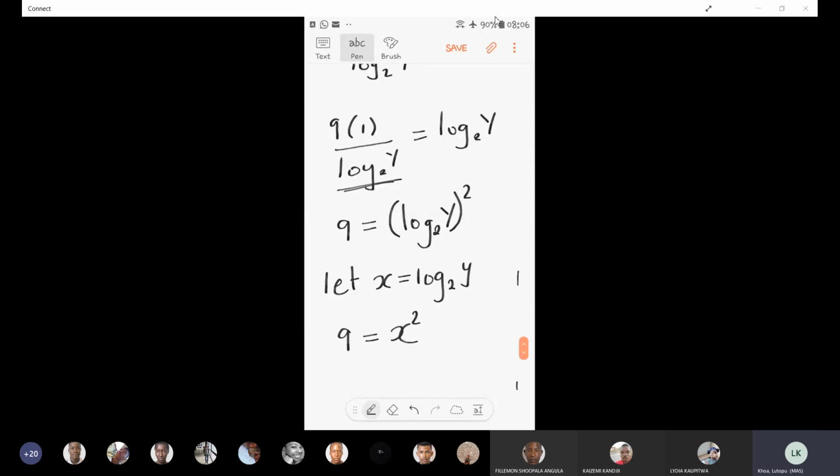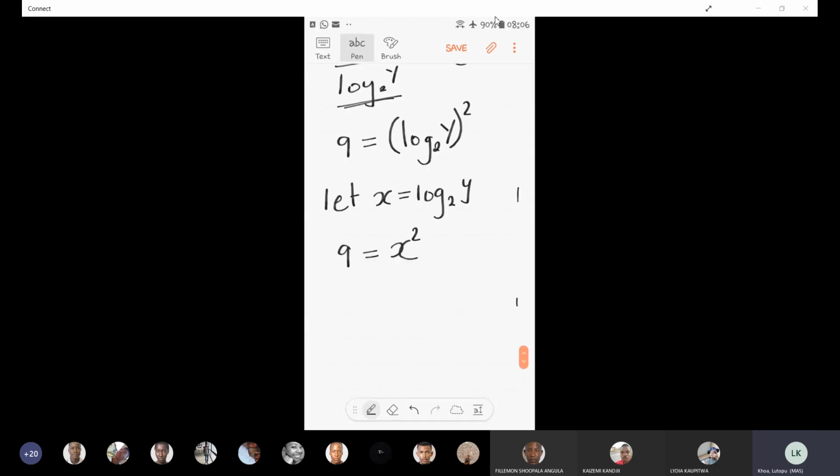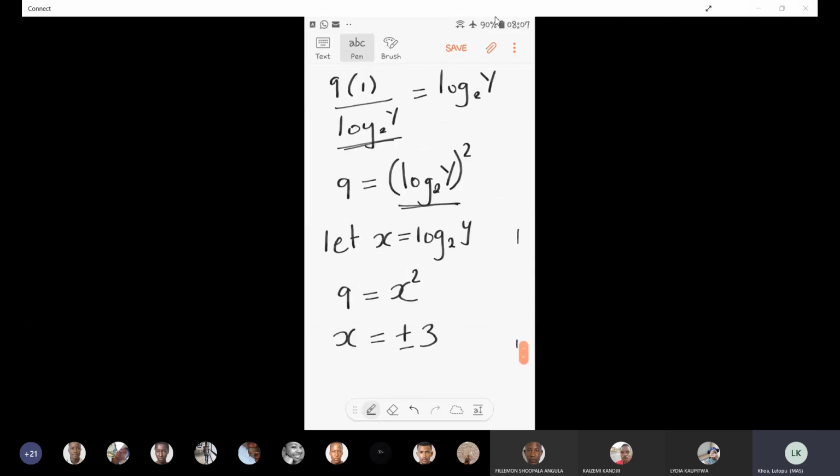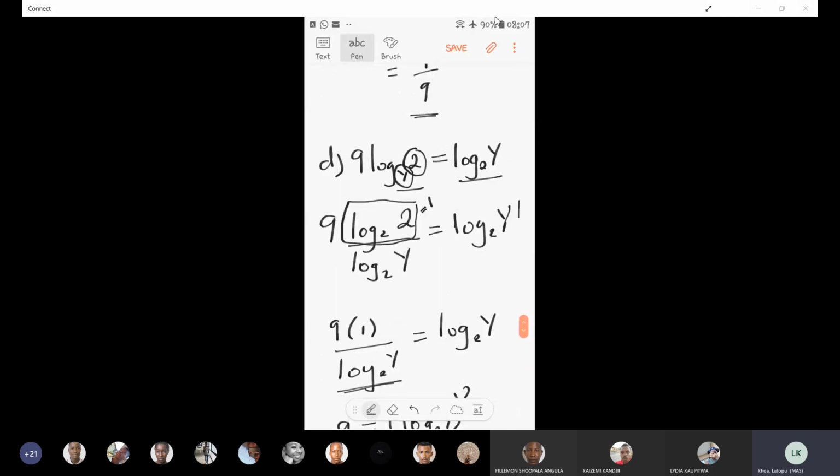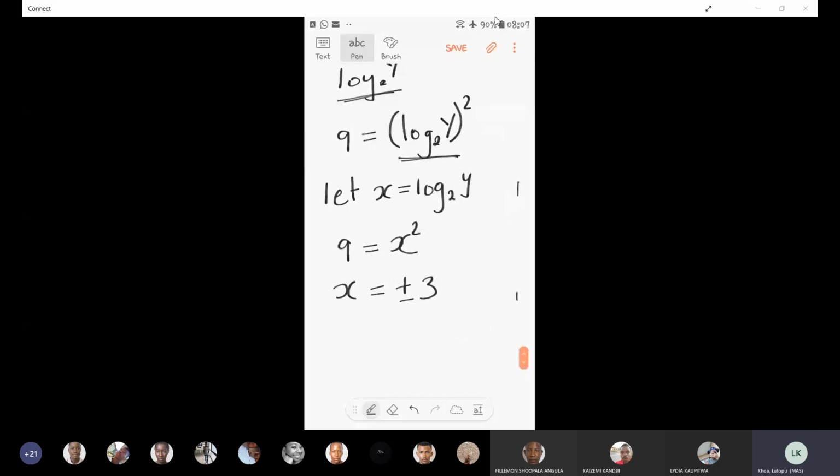Okay, now if 9 is equal to x squared, this means that x is equal to plus or minus 3. Now when you get your solutions, it's always important to go back and substitute and see if what you have is correct.